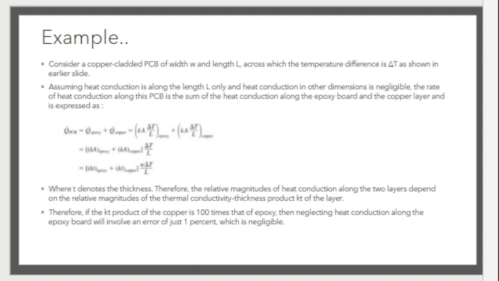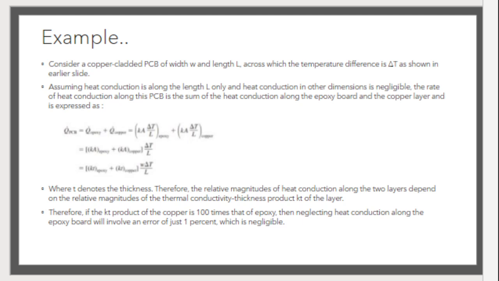Consider a copper-cladded PCB of width W and length L, across which the temperature difference is delta T as shown in the earlier slide. Assuming heat conduction is along the length L only and heat conduction in other dimensions is negligible, the rate of heat conduction along this PCB is the sum of heat conduction along the epoxy board and the copper layer and can be expressed as Q PCB equals Q epoxy plus Q copper.